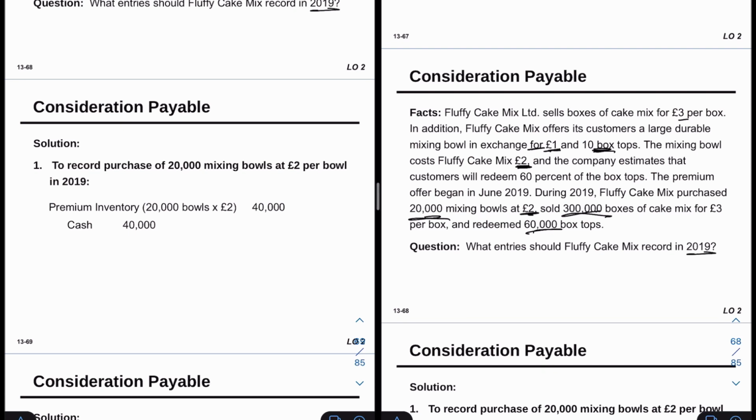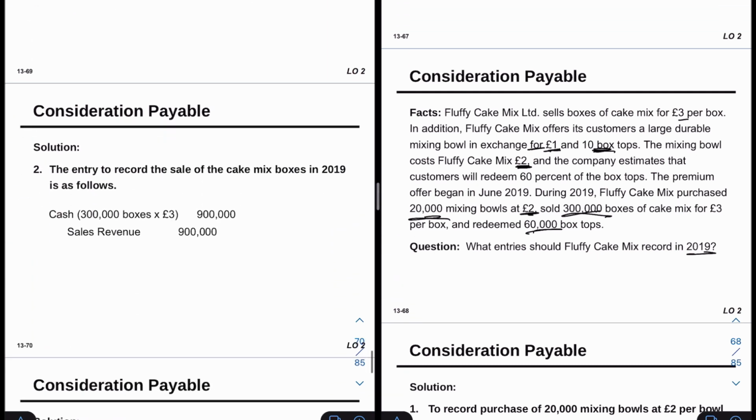So first of all, we purchased 20,000 mixing bowls at €2. So we'll have a premium inventory, and we'll credit cash since we purchased those mixing bowls. And then we sold to our customers 300,000 boxes at €3, isn't it?